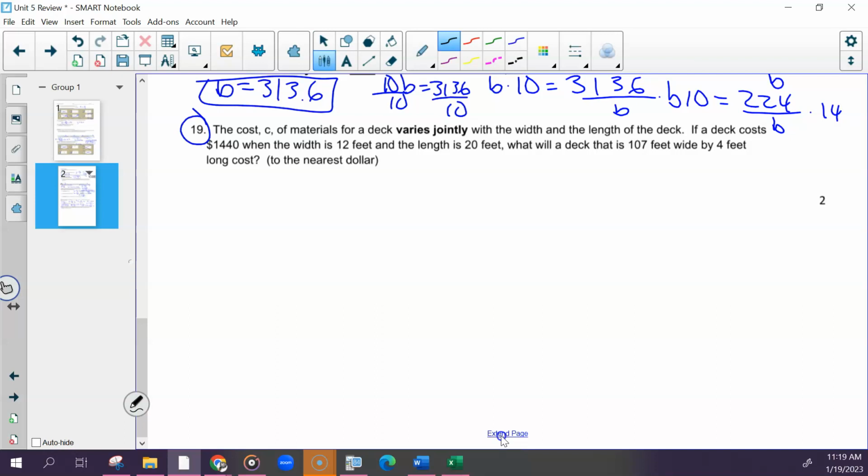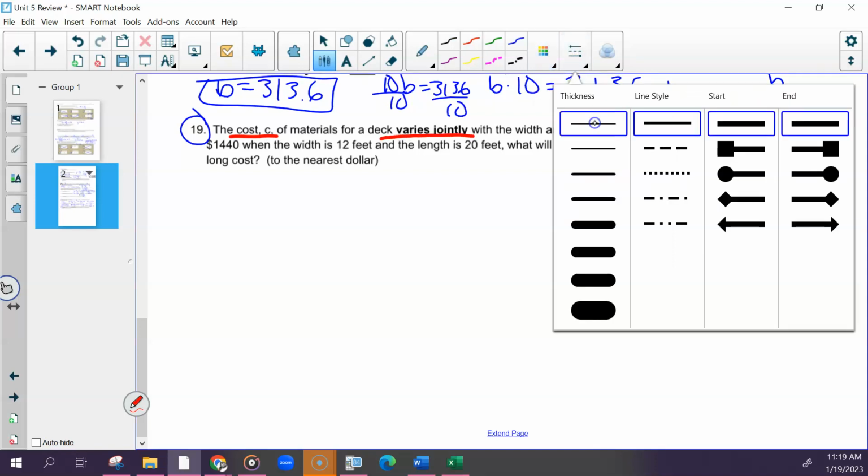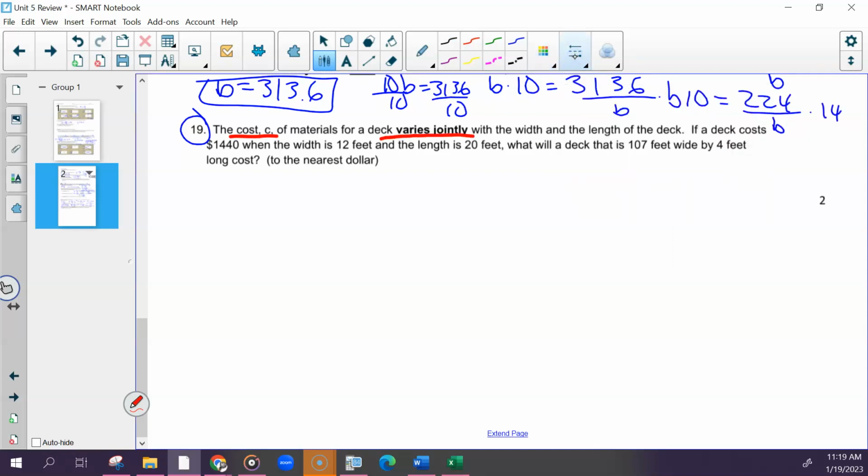Okay. For number 19, it says the cost C of materials for a deck varies jointly with the width and the length. So our equation would be C equals KWL, or you can call it X and Y, Y and Z, doesn't matter.